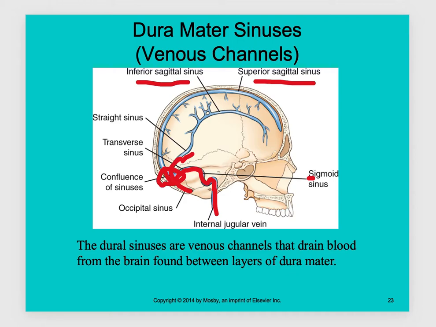And then the space between the pia and arachnoid mater is the subarachnoid space, and that's filled with the cerebral spinal fluid. So you have pia mater, arachnoid mater, and then you have the subarachnoid space, which houses and contains the cerebral spinal fluid.